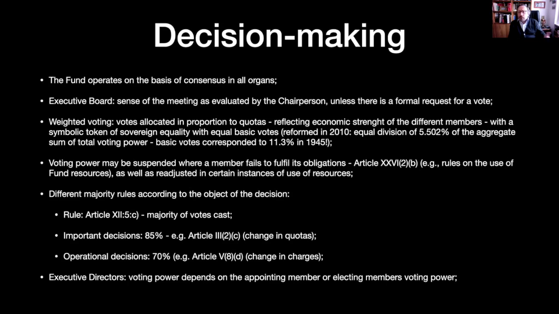So there's a discussion, and then the chairperson sums up and says, okay, so I think that there's a consensus that our decision is this, or our position on this topic is this. And if no one objects, then it's the sense of the meeting. And so the chairperson will call it a consensus. Okay. Any member, however, may require that a vote be held.